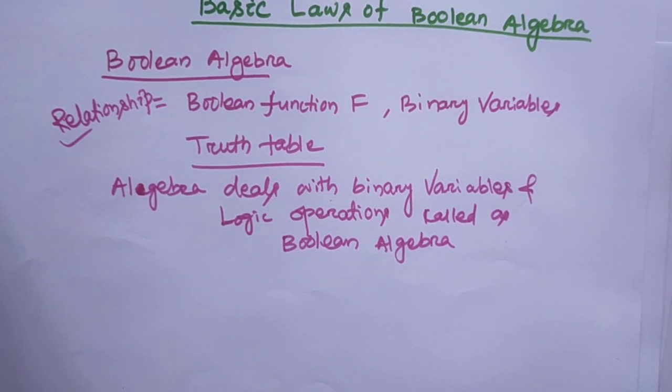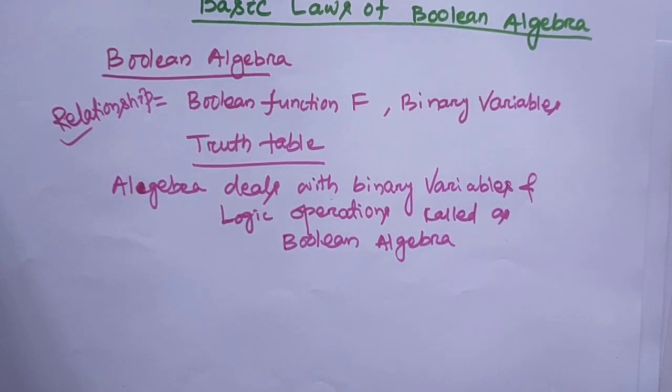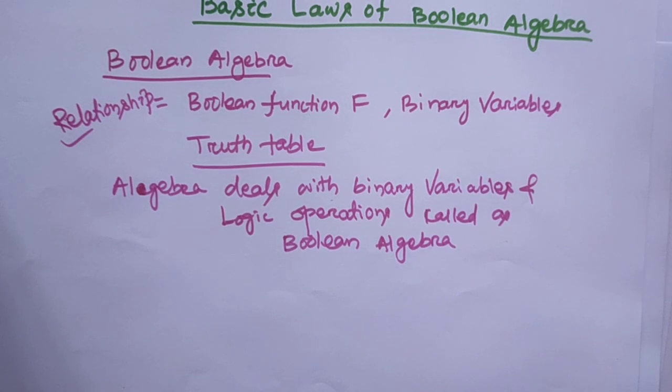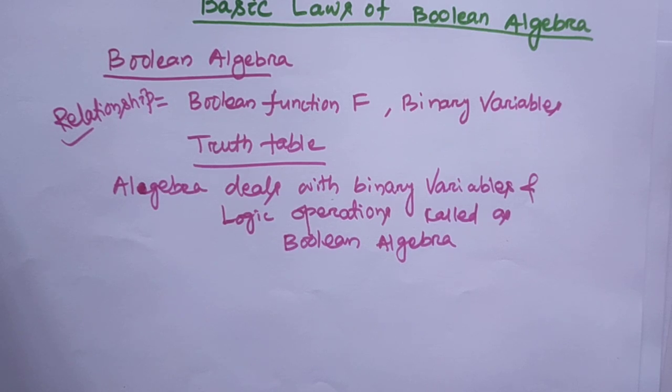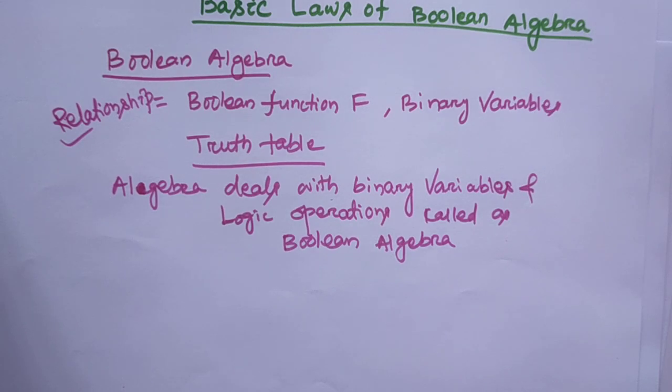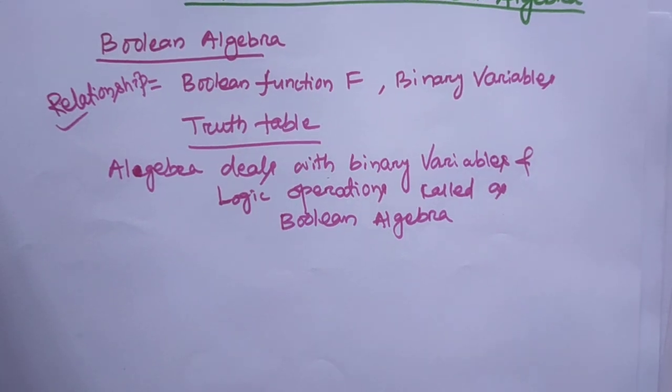Similarly, whenever Boolean algebra is defined, it means algebra that deals with binary variables and logic operations. These two things we will consider. Now we will see some laws and rules and regulations of Boolean algebra. Basic regulations we will see first, after that we go through the other rules.